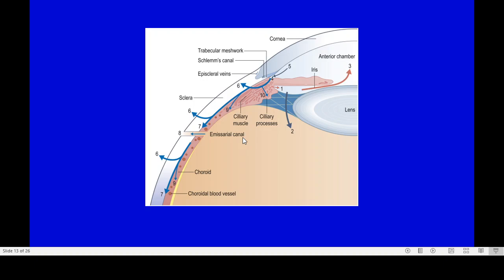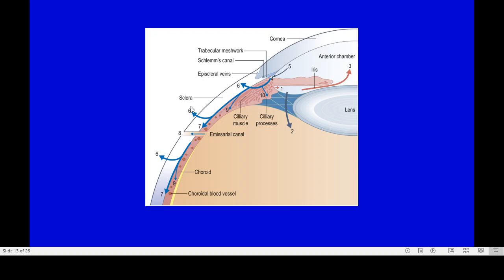and it accounts for around 10% of the aqueous drainage. The uveoscleral outflow is when the aqueous goes into the suprachoroidal space, which is a potential space between the sclera over here and the choroid. So it goes into the suprachoroidal space, some of it is absorbed in the choroid itself, some goes through the sclera.